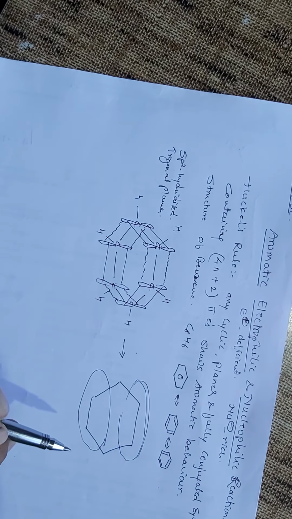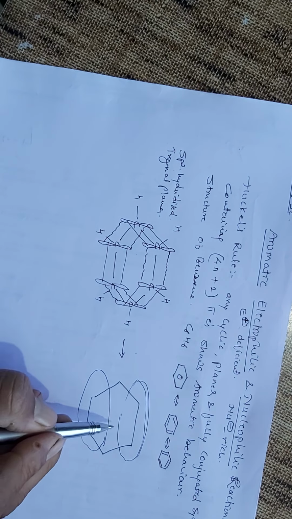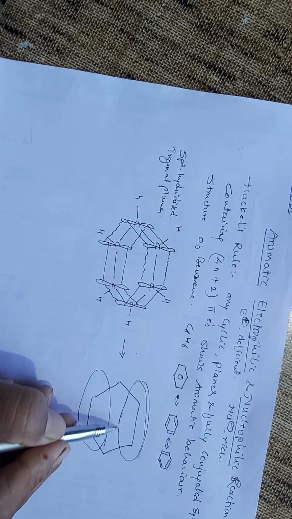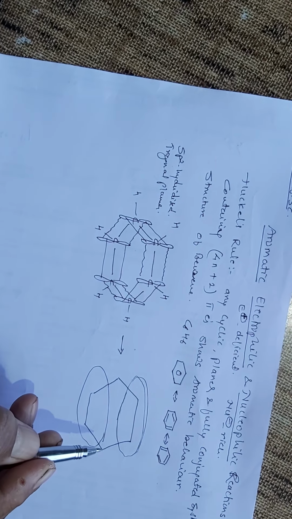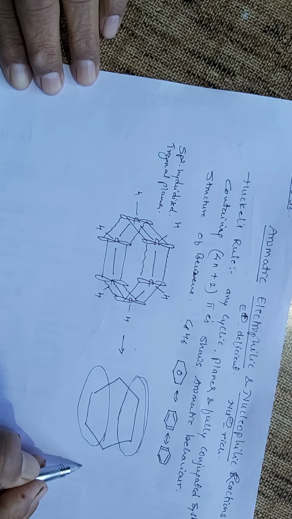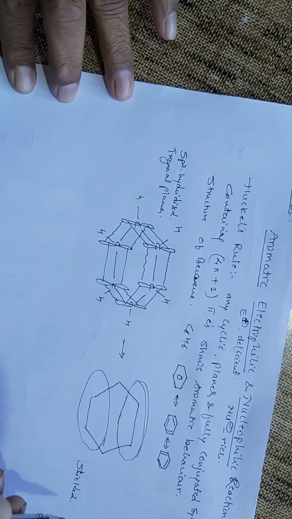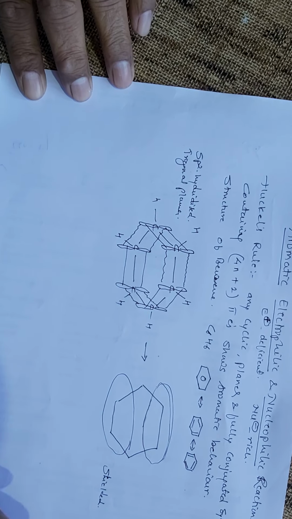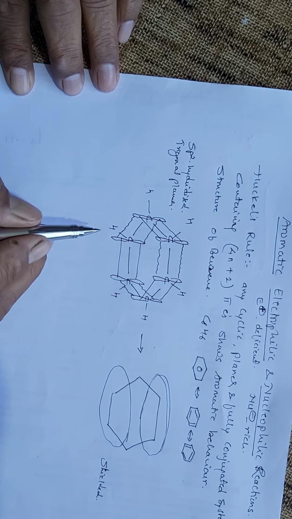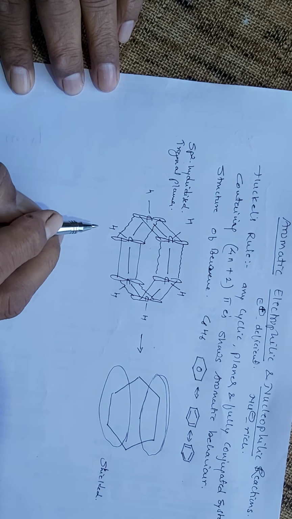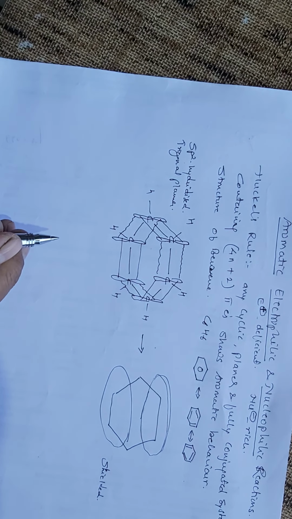And so this stabilizes the benzene ring, or we can say that the sigma electrons are shielded by the pi electron cloud. And so this compound is termed an aromatic compound and is said to have aromaticity.